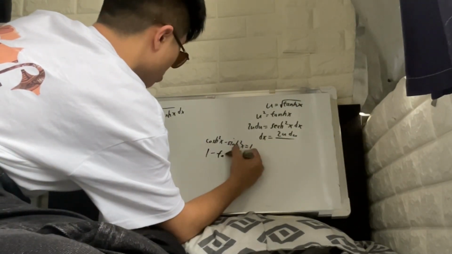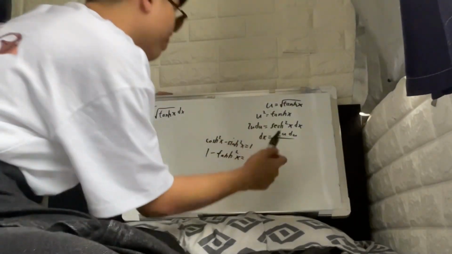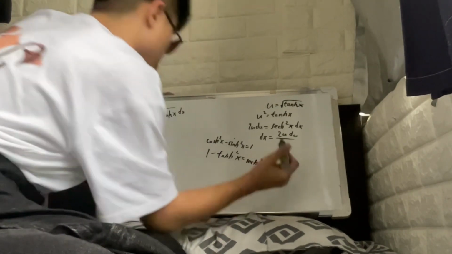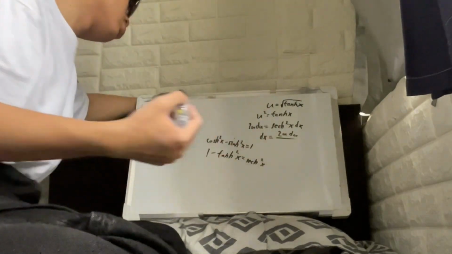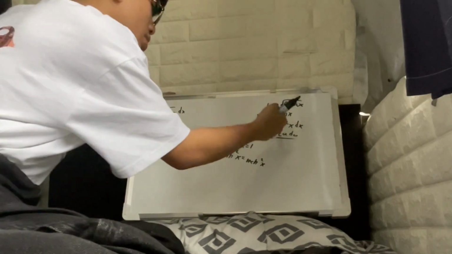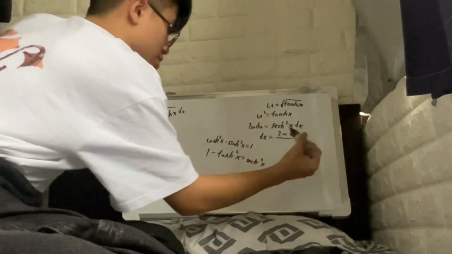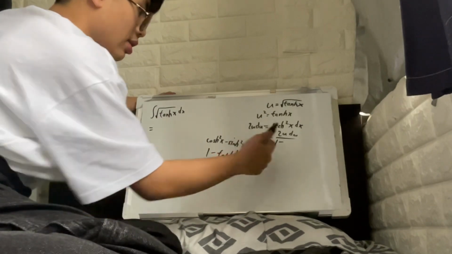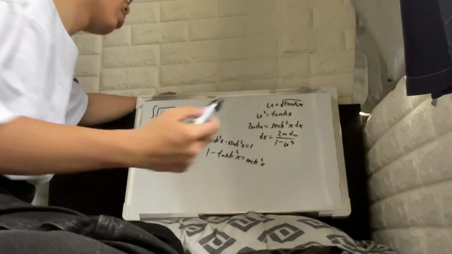You get 1 minus tan square x is equal to secant square x. So secant square x is 1 minus tan square x, and tanhx is u squared, so this is 1 minus u to the power 4.